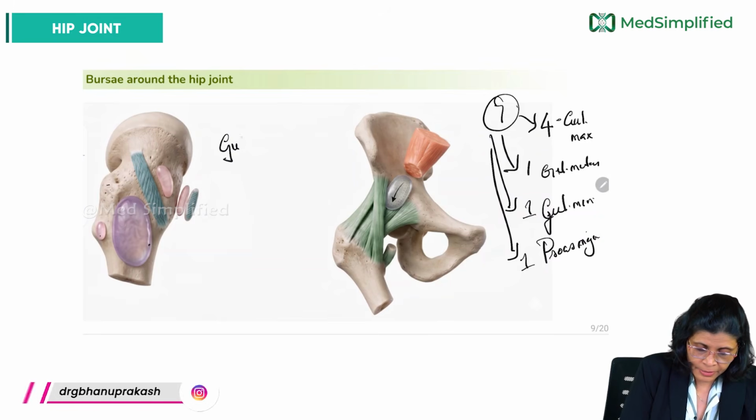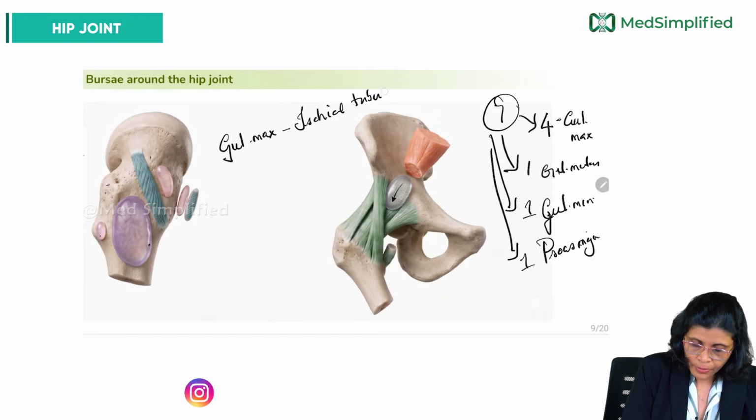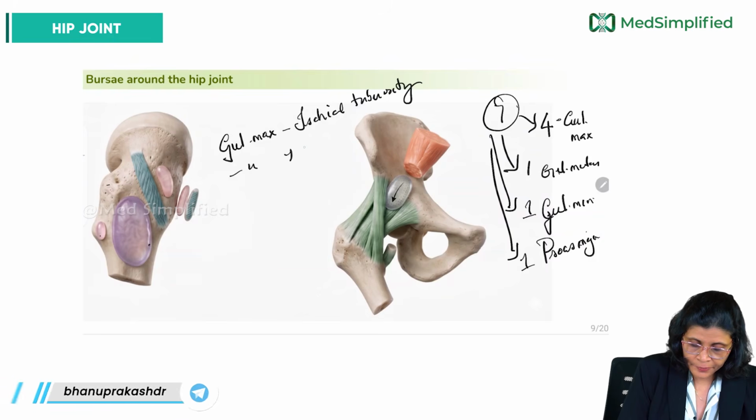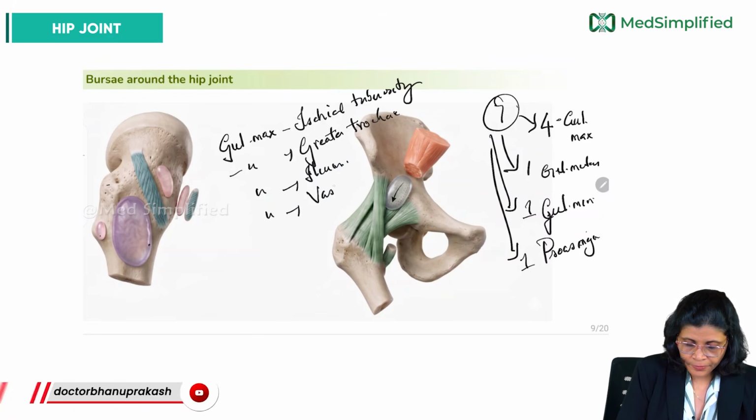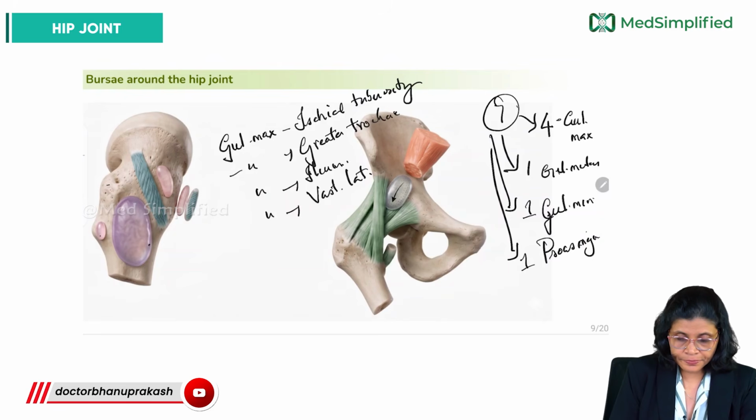Between gluteus maximus and ischial tuberosity, then between gluteus maximus and greater trochanter, then gluteus maximus and which one? The ilium, and gluteus maximus and vastus lateralis. We can see two here.